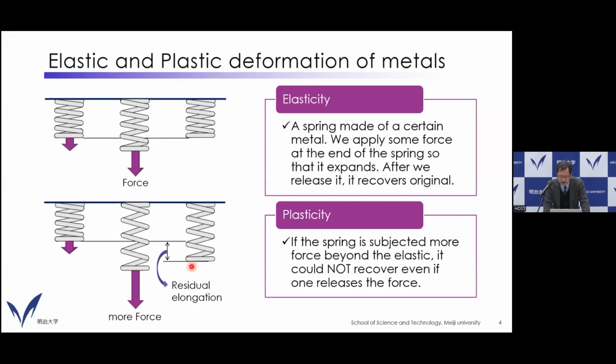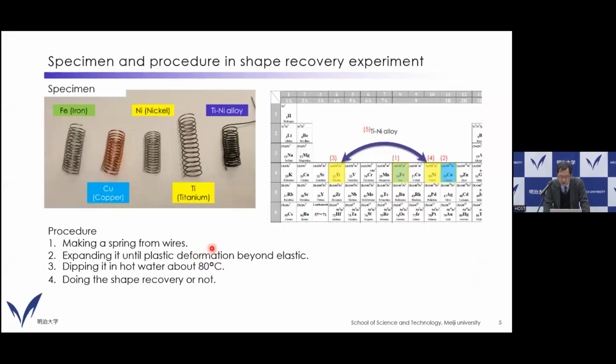I'd like to show you the shape memory effect in the way of spring deformation. Before that, please look at the photo. These are the springs used in this experiment. The leftmost spring is made of iron with a high degree of purity, 99%. The second one is made of copper with the same purity.